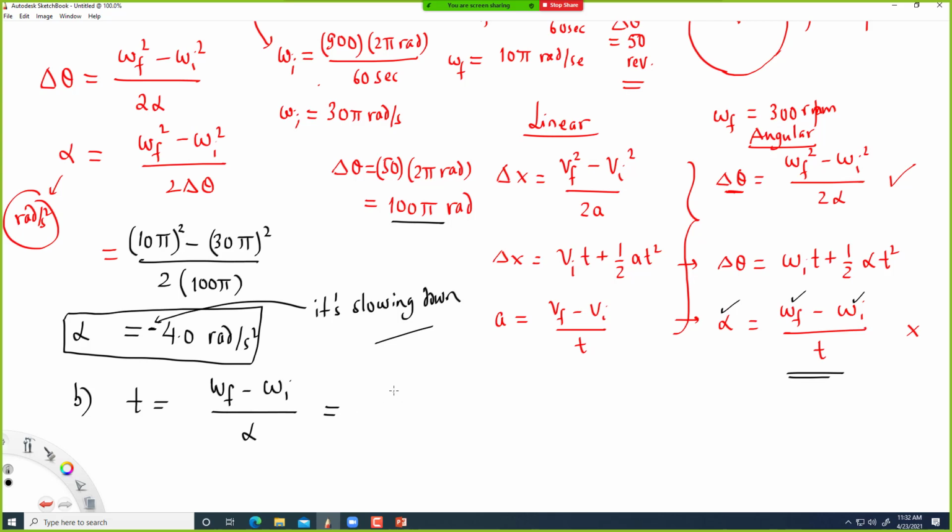Omega final 10 pi, omega initial 30 pi, and alpha is negative 4. So that will give you 5 seconds.